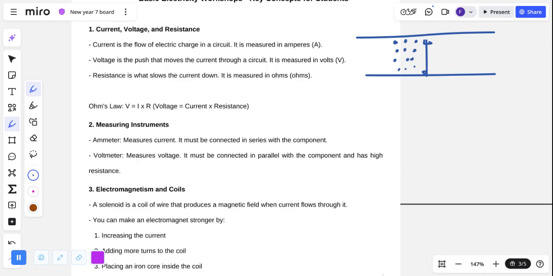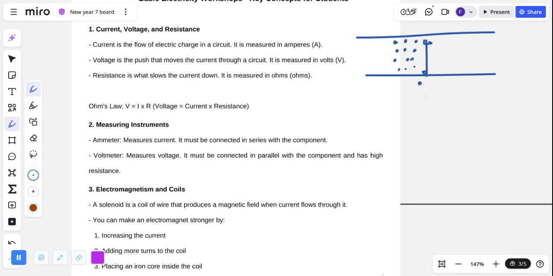How many of them would pass this point here in 1 second, or in 1 minute, or whatever unit you want to talk about. So current is the flow of these soldiers. Each individual soldier is a charge.